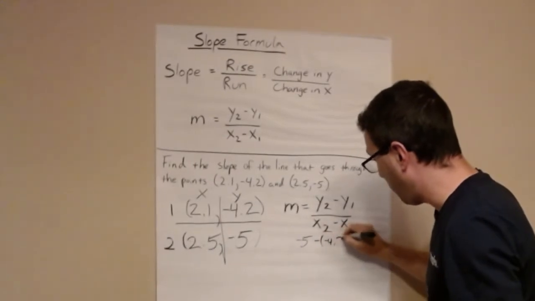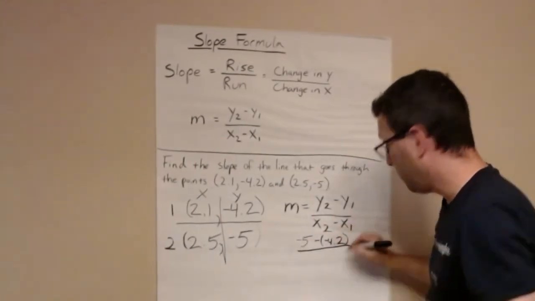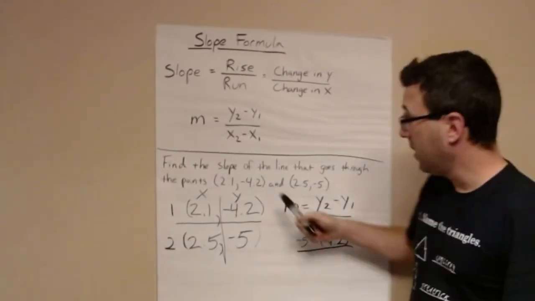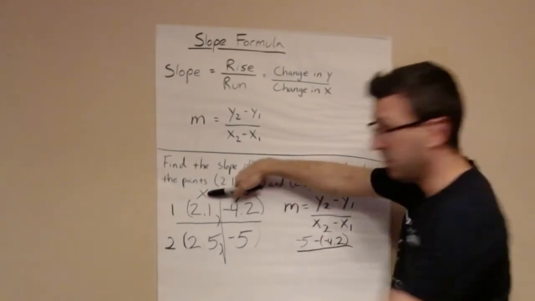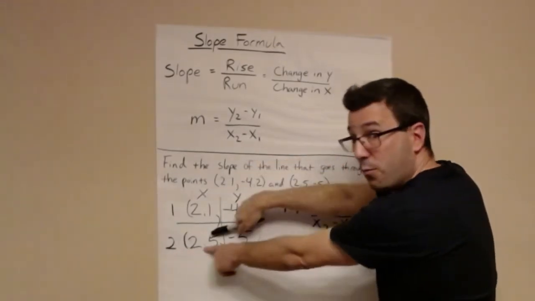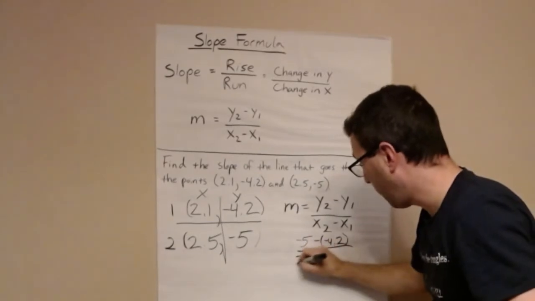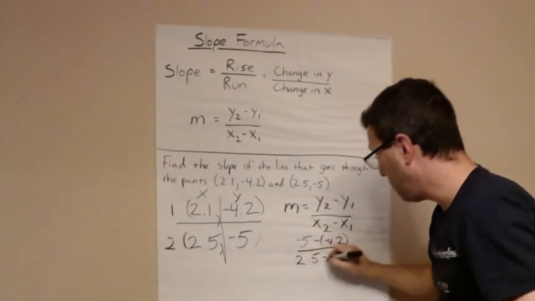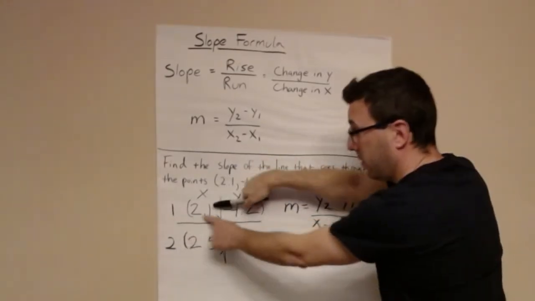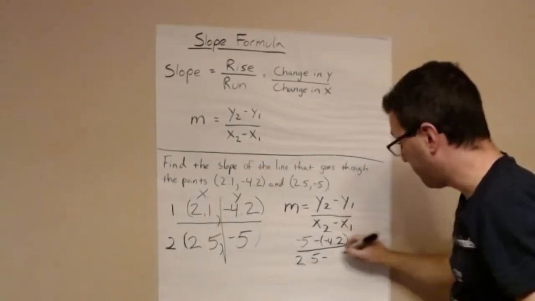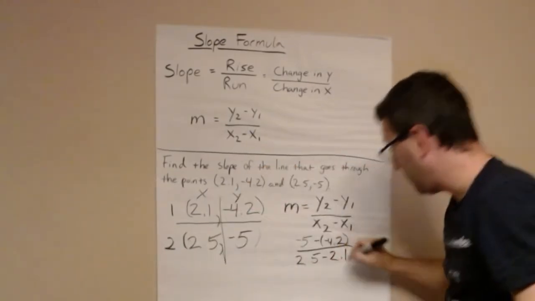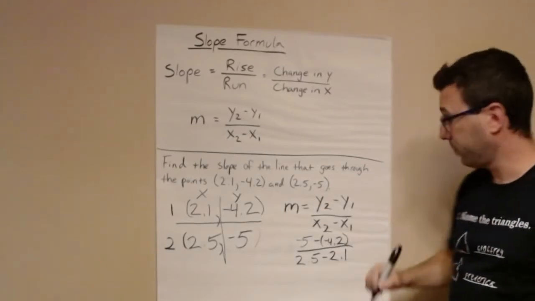Negative 4.2. So I got my top done. Then I go x2, that's 2.5. Minus x1, that's 2.1. So see, I'm helping myself to keep things in order.